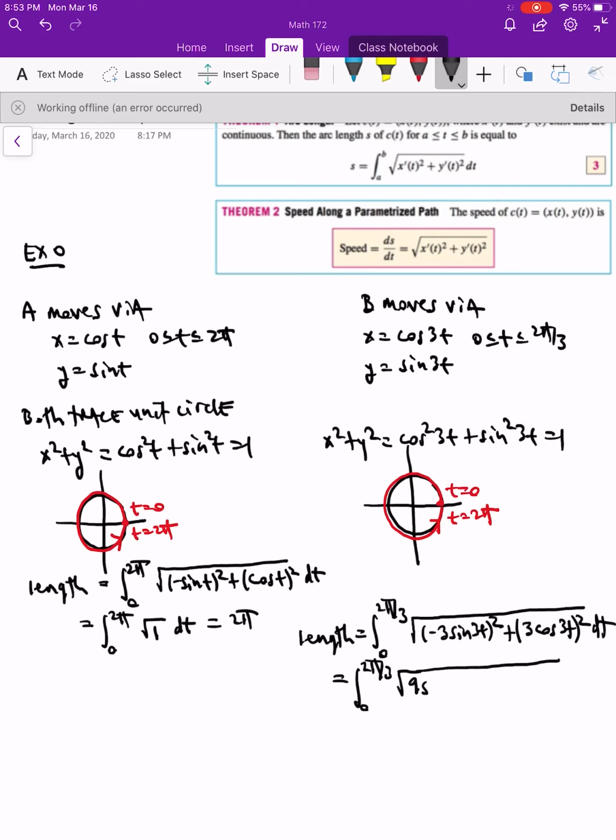That gives 9 sine squared 3t and 9 cosine squared 3t.